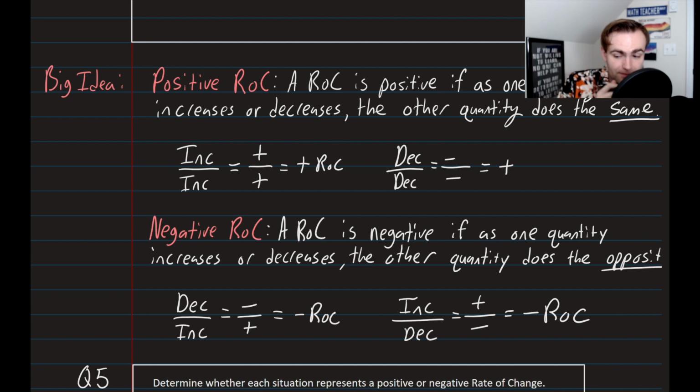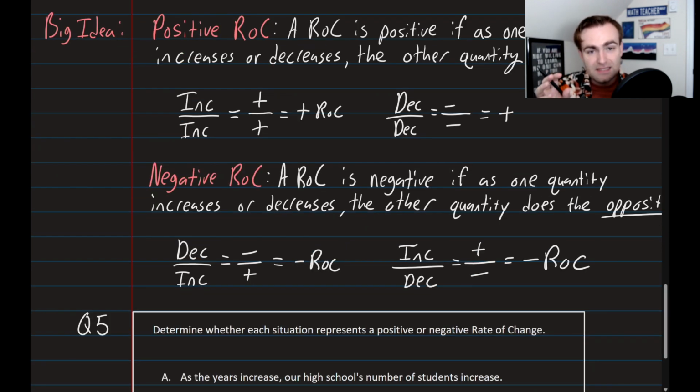If something decreases, the other quantity does the same. So you can think of it as increasing over increasing, a positive over a positive, which makes a positive rate of change, or decreasing over decreasing, negative over negative, which would become a positive. A negative rate of change is the opposite. So it would be a negative divided by a positive, a decreasing divided by an increasing, or an increasing divided by decreasing, my bad.